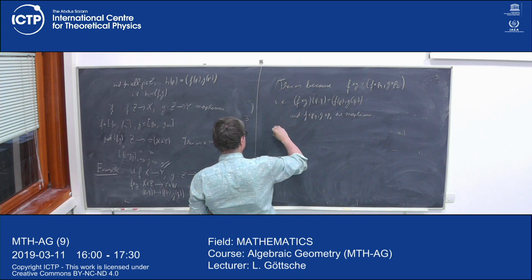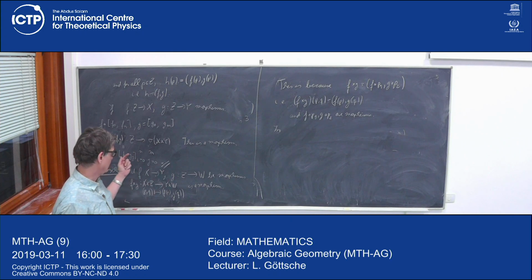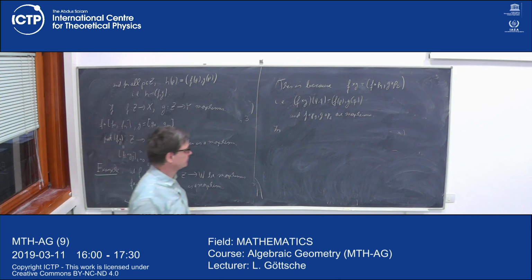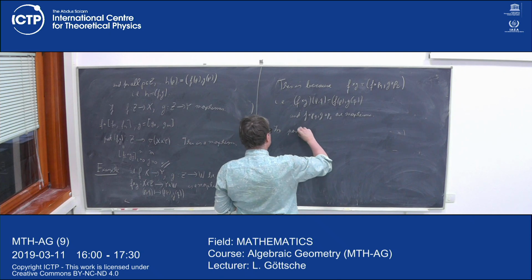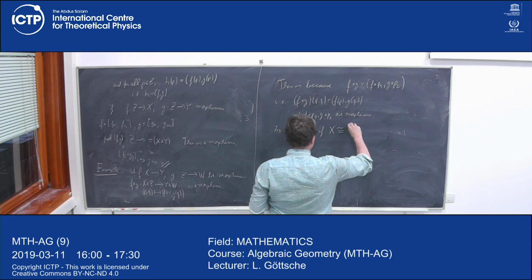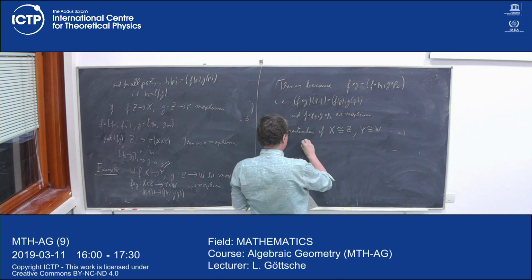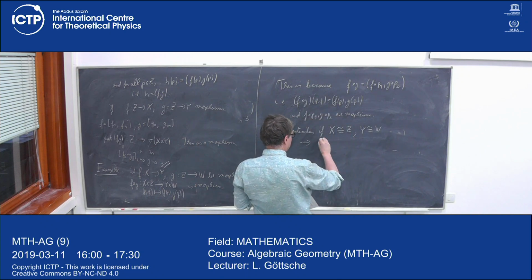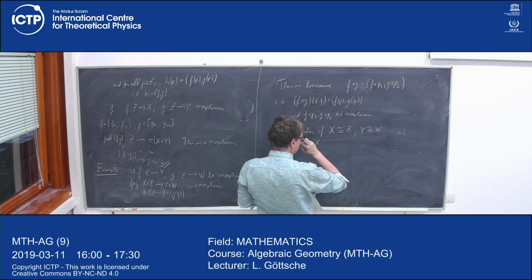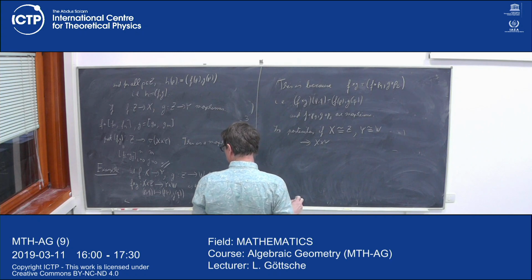So in particular, if X is isomorphic to Z and Y is isomorphic to W, then X times Y is isomorphic to Z times W. Maybe not.